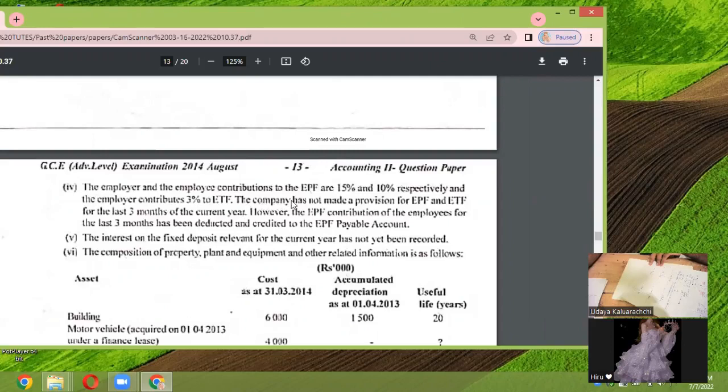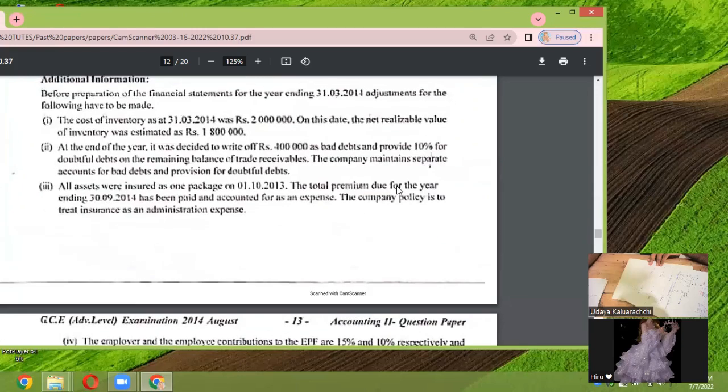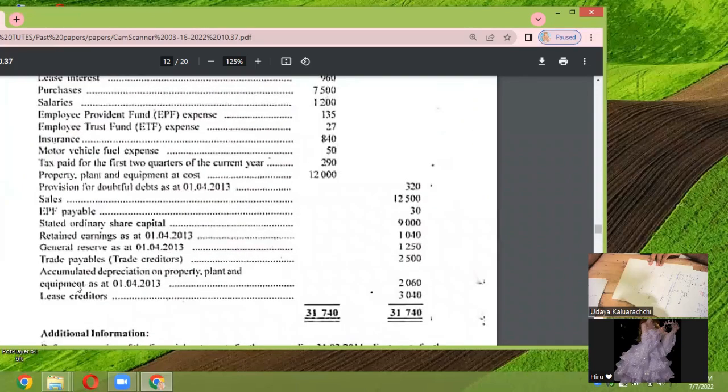The company has not made a provision for EPF and ETF for the last 3 months of the current year. Right. So it is only about 3 months. EPF payable is 30. We must keep the balance of the EPF payable.